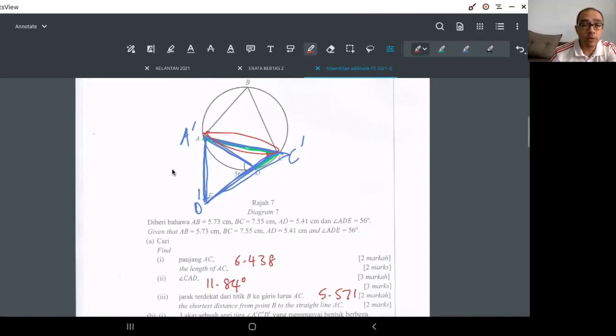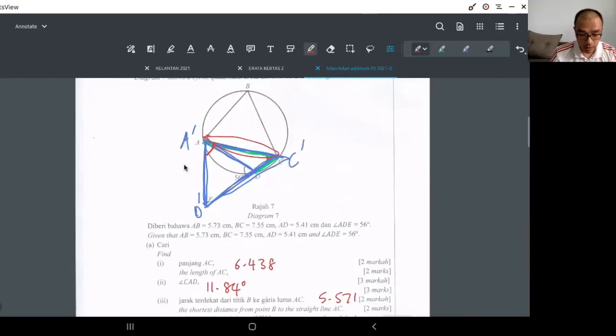We can use the sine rule. CD over sine 79.4, we can use this total angle over here, equals 5.41 over sine 44.16. ACD is 44.16.